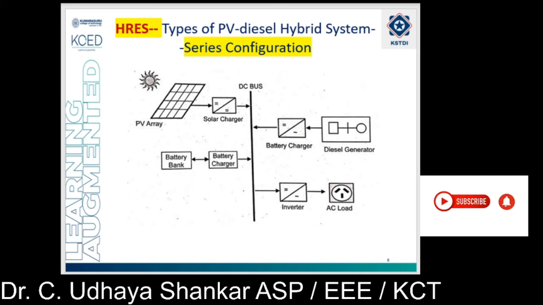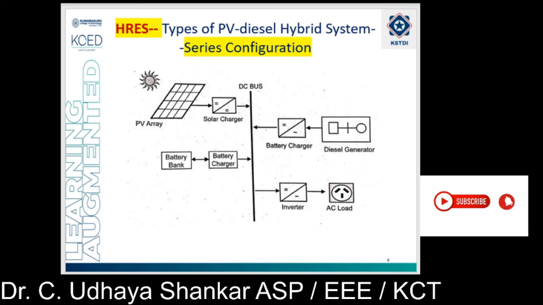In this system, a large portion of the diesel generator energy will be passing through the battery bank, which results in increased cycling of the battery bank and reduced efficiency. AC power to be delivered to the load is converted from DC to regulated AC by means of the inverter.